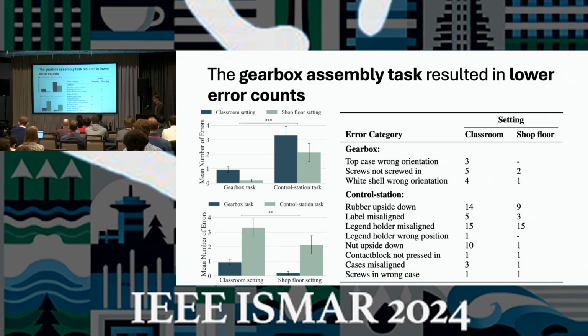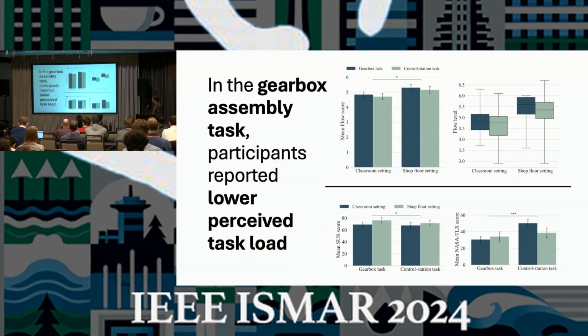There's no reason whatsoever why that would happen. In the gearbox assembly task, participants also reported lower perceived task load. In other words, not only were they able to do things faster and more accurately in terms of quantitative performance, they also felt that the tasks weren't as cognitively demanding.